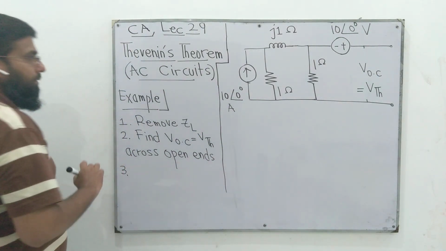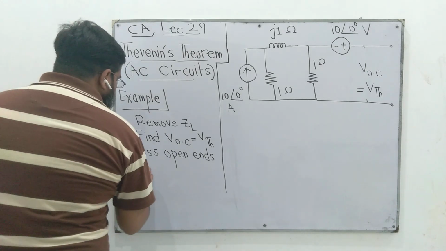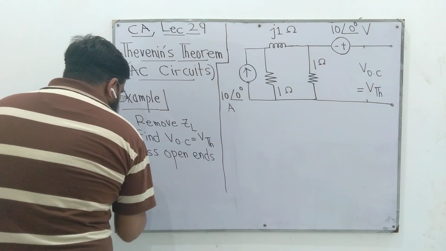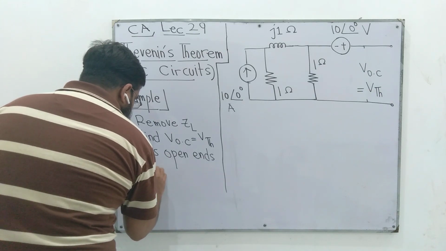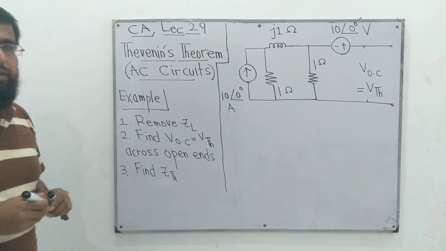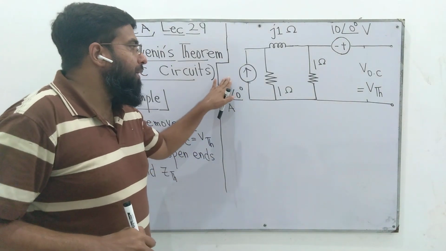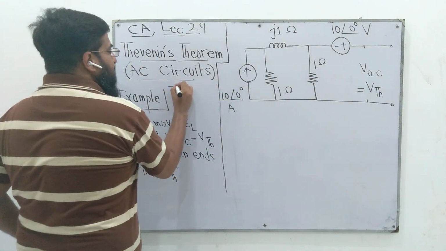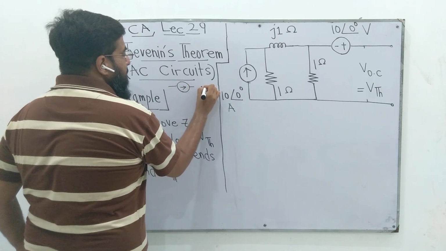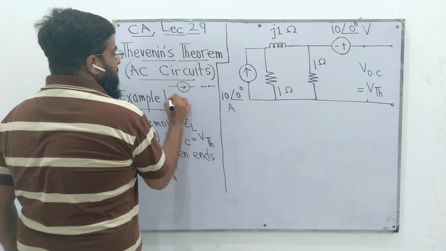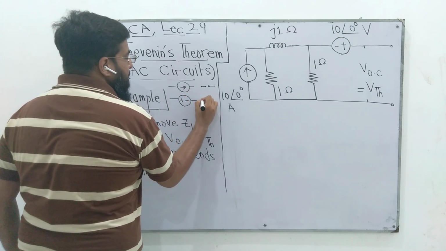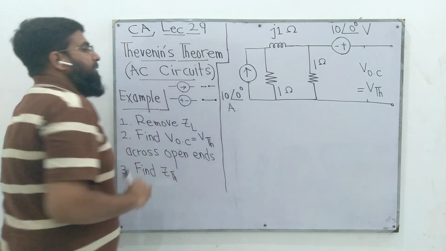In step number 3, we'll find Z Thevenin. To find Z Thevenin, we'll replace current sources with open circuits and voltage sources with short circuits.